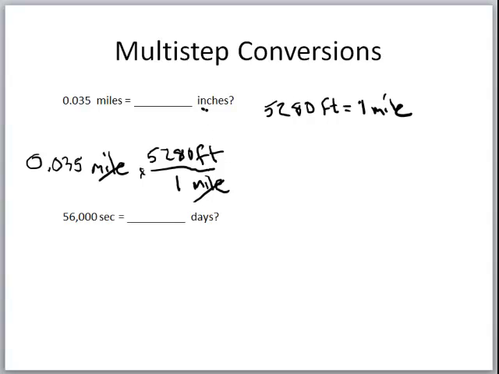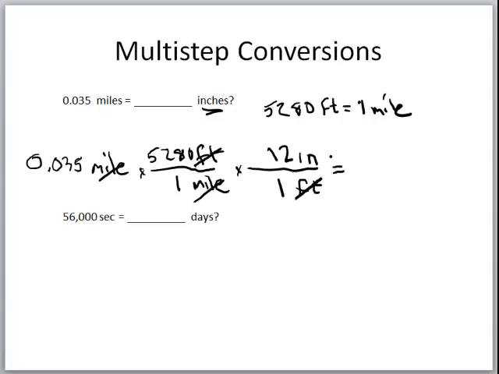But we don't want feet, we want inches. So we're going to set up another conversion. Whatever we have in the numerator, we want to put in the denominator because we want to cancel it. And I do know the relationship between feet and inches. I know there's 12 inches in 1 foot. So this way, our feet will cancel.